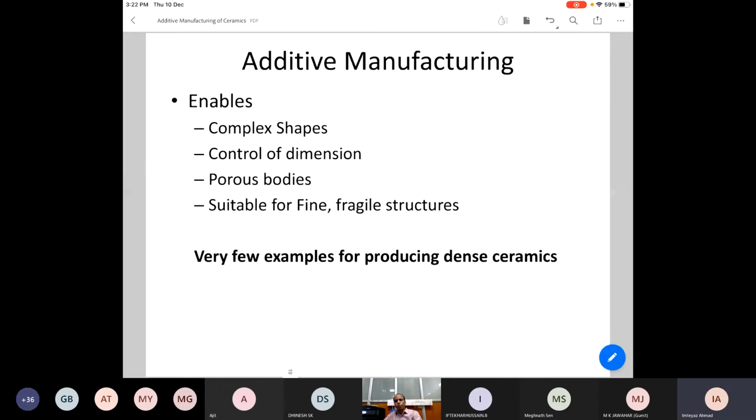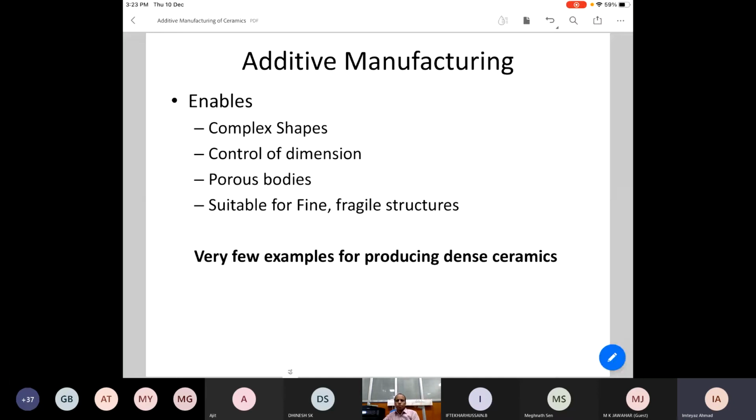Why are people looking at additive manufacturing, especially as a ceramist? Because ceramic products are generally critical products, not used as big structural elements, but often miniature small elements which have to be fitted in certain places, and which are sometimes loaded also.